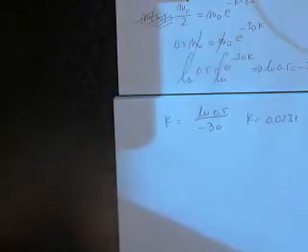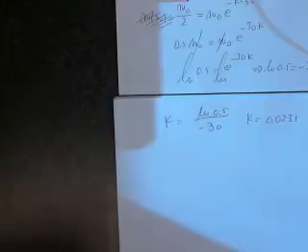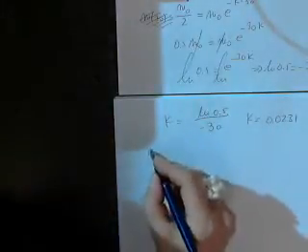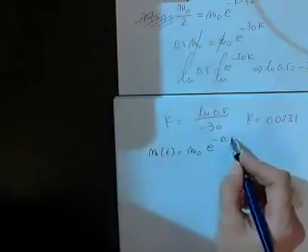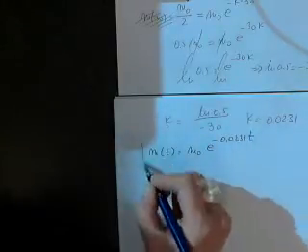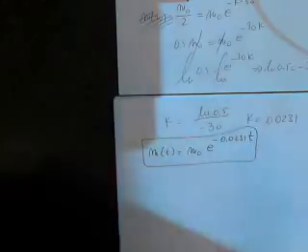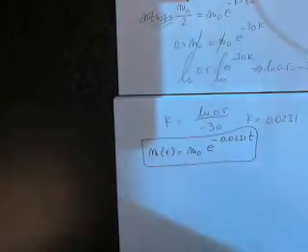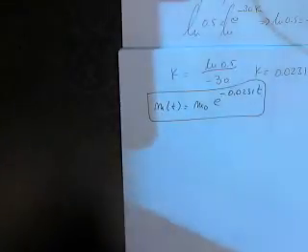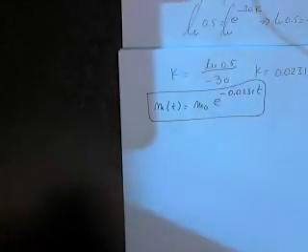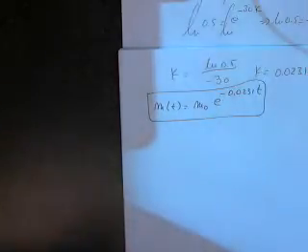Now, we only have k, right? So let's go back and put it in. So now I have m of t equals m0 e to negative 0.0231 t. I'm asked now to find the time needed for 95% of the sample to decay, to go away.